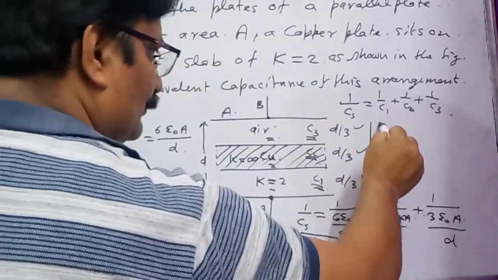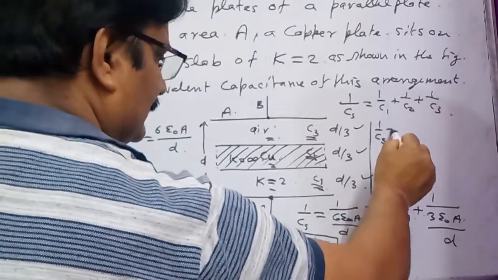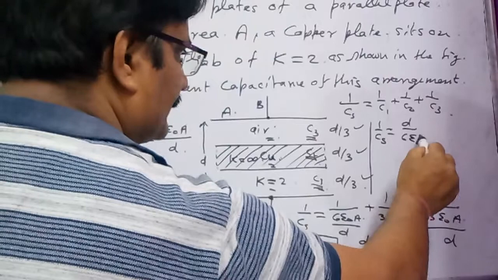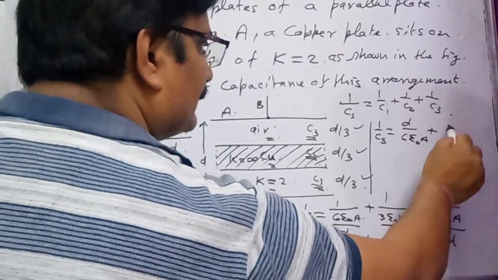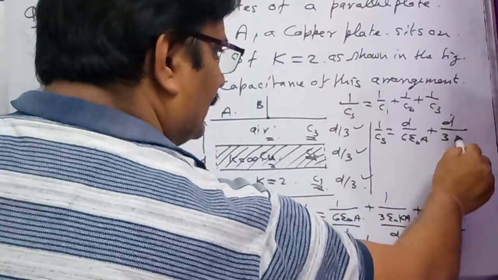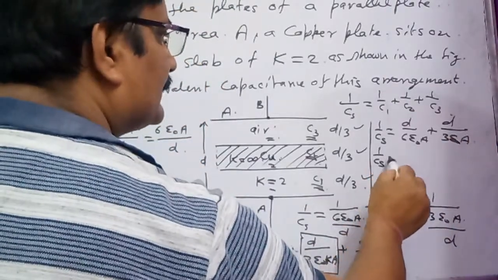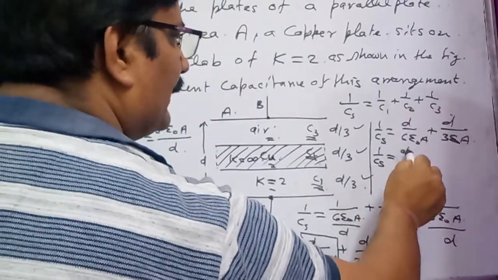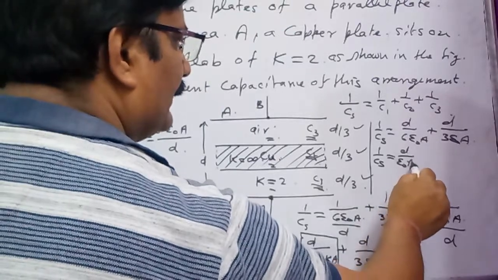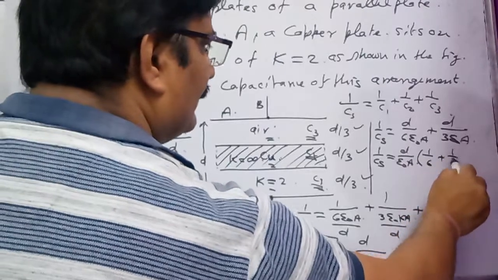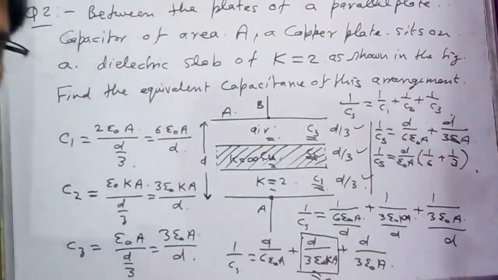So 1 by Cs is equal to D by 6 epsilon naught A plus D by 3 epsilon naught A. So 1 by Cs is equal to D by epsilon naught A multiplied by 1 by 6 plus 1 by 3.